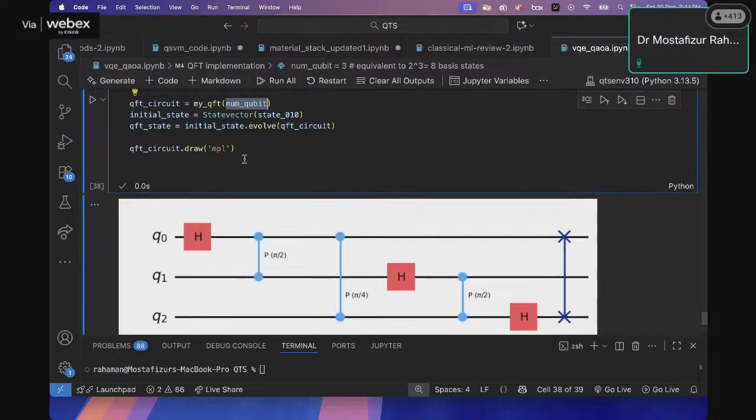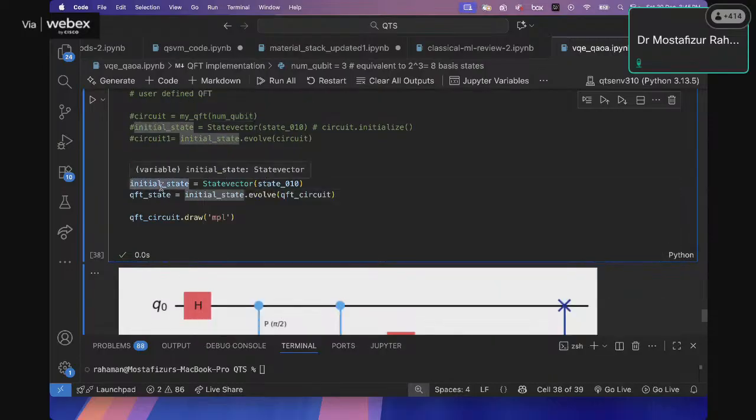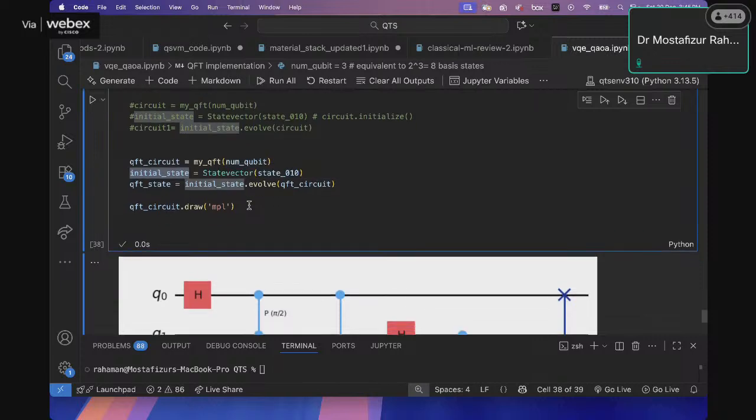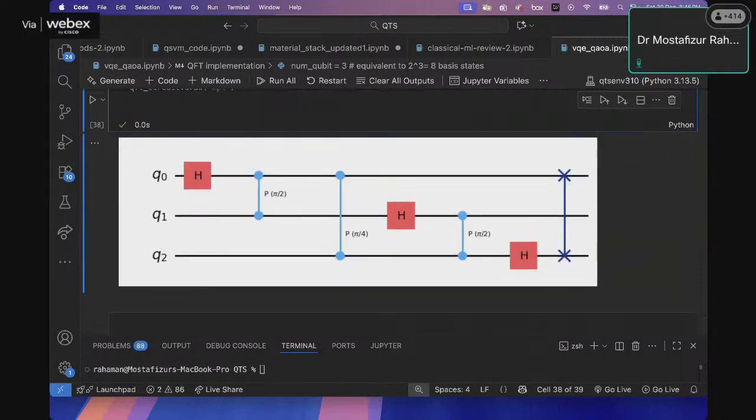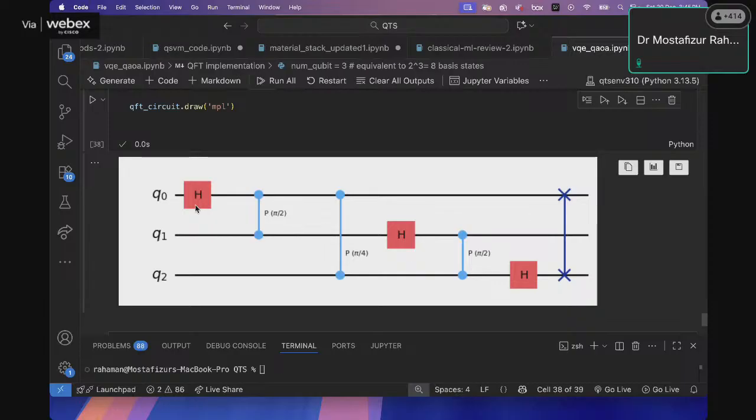But the encoded state was this initial state. Now let us see the bigger picture. Here, if you see in the circuit, see here, it's the bottom line.